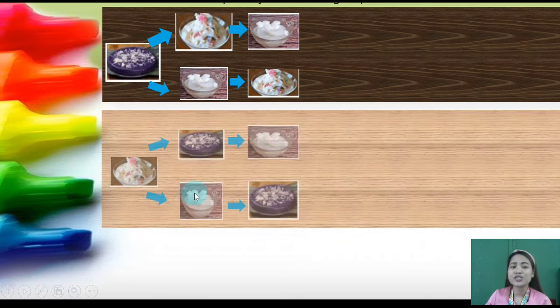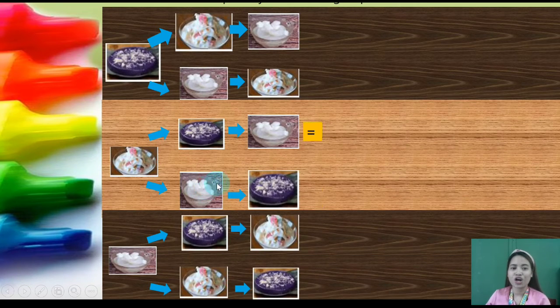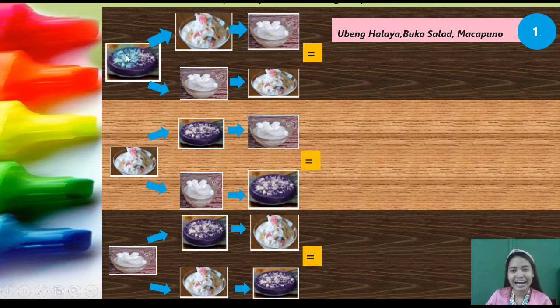Then, we can also solve the problem with the use of this method, which is called a tree diagram, where you can illustrate or give pictures of the objects in your solution. So the first one, we have ubing halaya, buko salad, and makapuno.